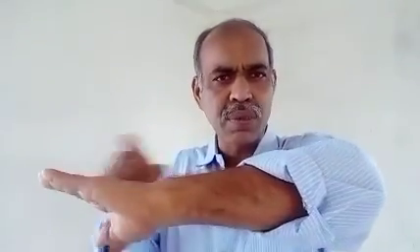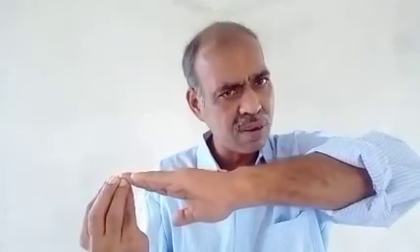Say, along the length of the beam, this end is A, this end is B. Reaction here will be denoted by RA, reaction here will be denoted by RB. This is the distributed load, and along the length of the beam is the x-axis.